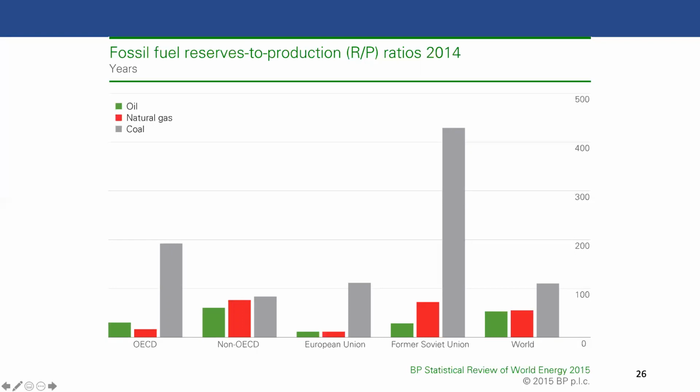And so here are essentially the ranges of numbers, right? All of oil and natural gas is basically under 100 years, whereas coal can vary from 100 years. There's this estimate for the former Soviet Union. I don't know why they do it quite like this.